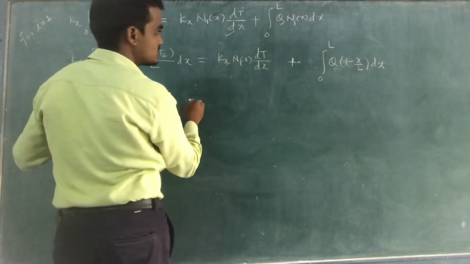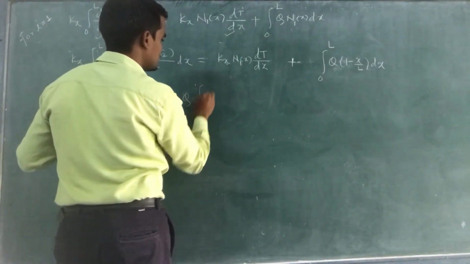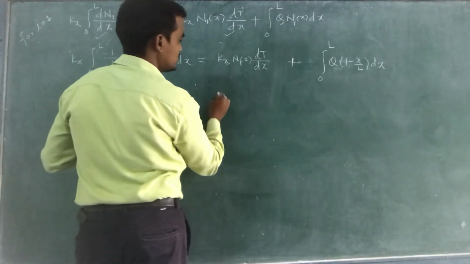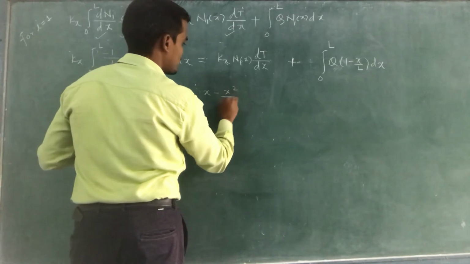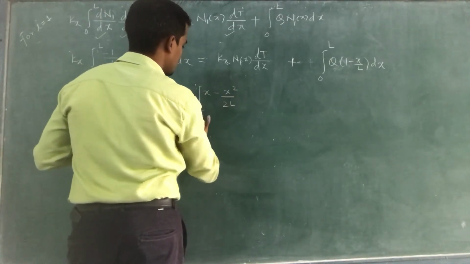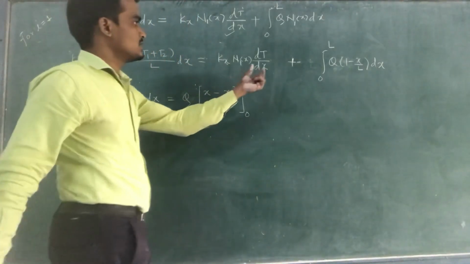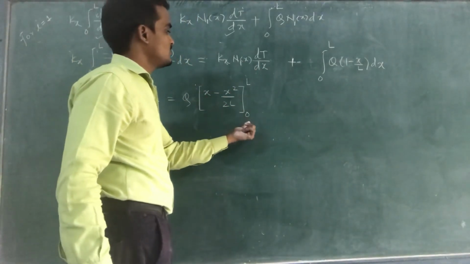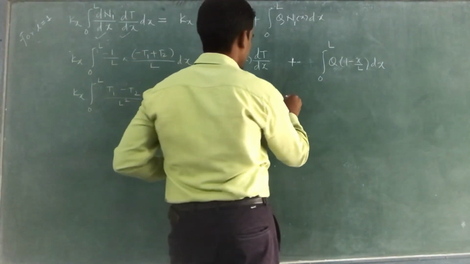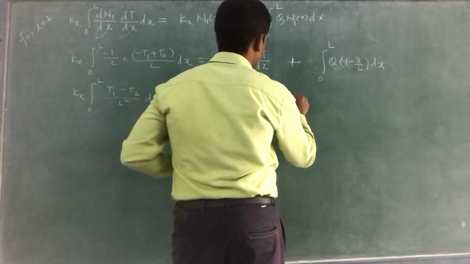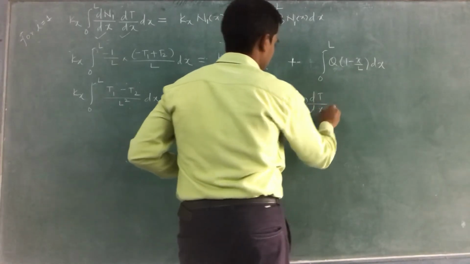First we will write down this term: q times integration of 0 to L. If we take this integration, it will become x minus x square divided by 2L, with limits 0 to L, plus kx into n1 of x dt by dx.